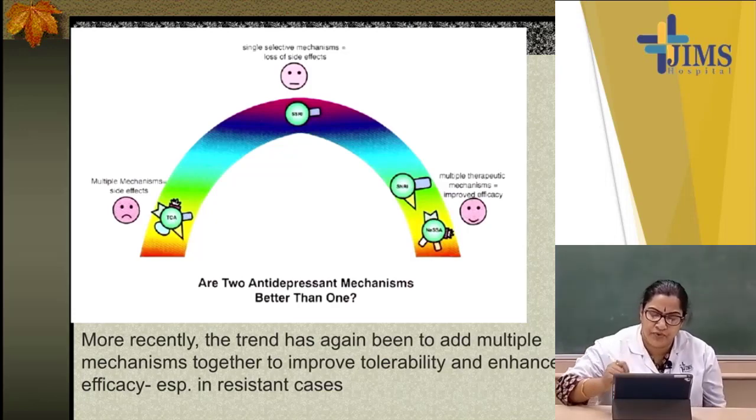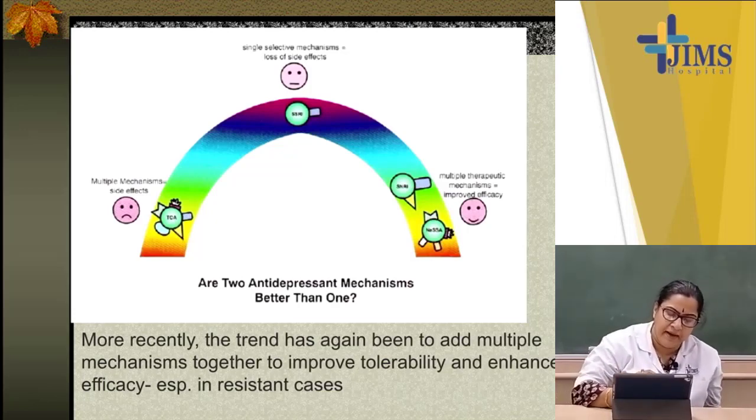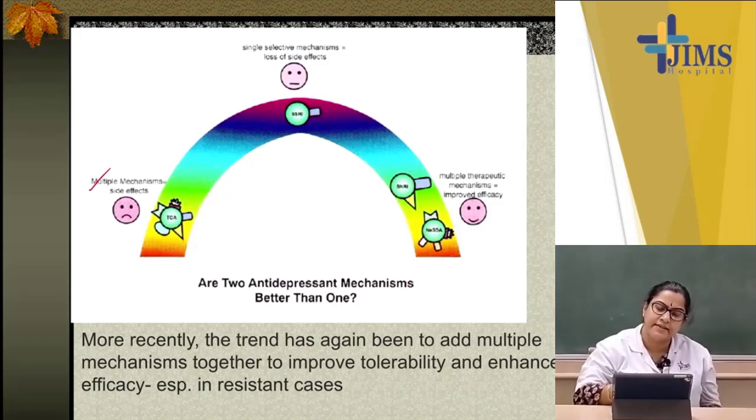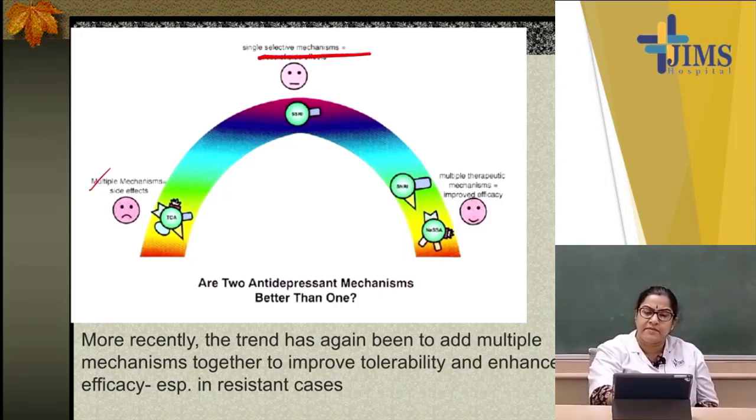So if we go through this, we will see multiple mechanisms of the drugs are there, side effects will develop, and the patient will be depressed, especially with the help of the tricyclic antidepressants. When it is converted to the SSRI, that is the serotonin reuptake inhibitors, then a single selective mechanism is there, ultimately leading to our well-being.